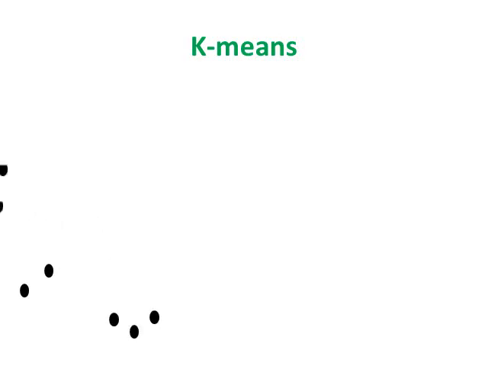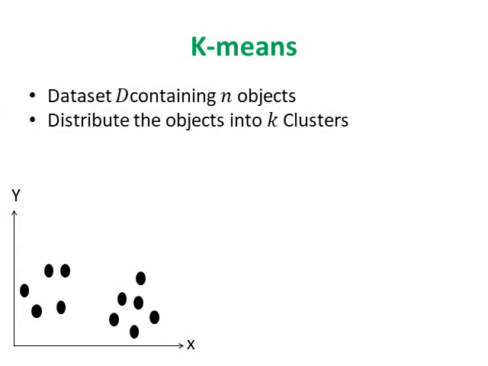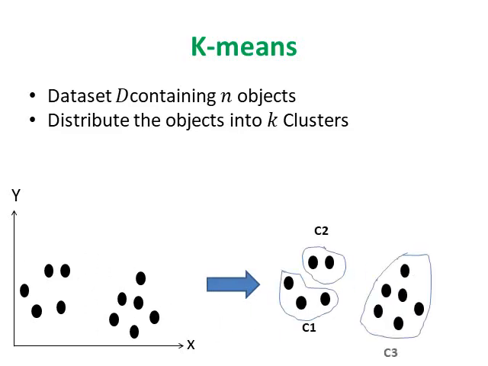Now coming to the procedure, consider a dataset D that contains n objects. Those n objects are distributed into k clusters. Here the clusters are represented like C1, C2, C3 and so on up to Ck. Each cluster is a subset of the dataset, that is Ci subset of D, and each cluster is independent of another cluster, that is Ci intersect Cj equals empty set.